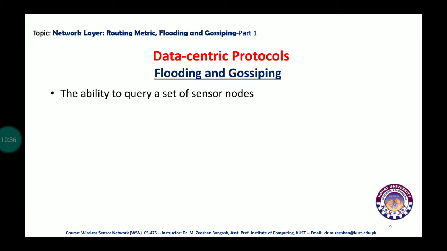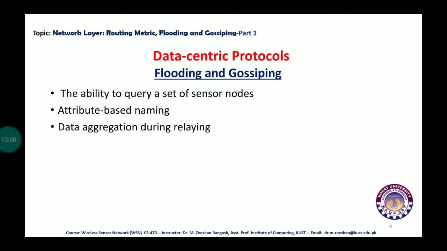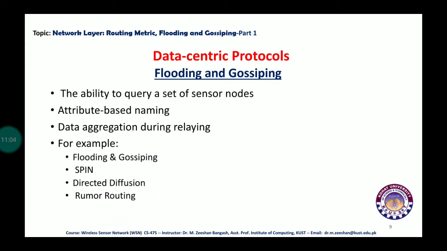This protocol has the ability to query a sensor or a set of sensors, and an attribute based naming mechanism is used in this type of data centric protocol. During the process of relaying in flooding and gossiping, data aggregation is performed at the same time. Examples of such data centric protocols include the SPIN protocol, directed diffusion, and rumor routing protocols.